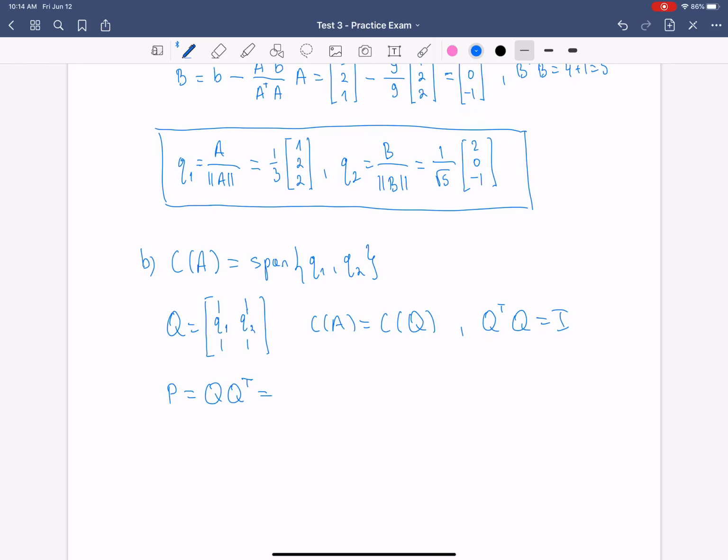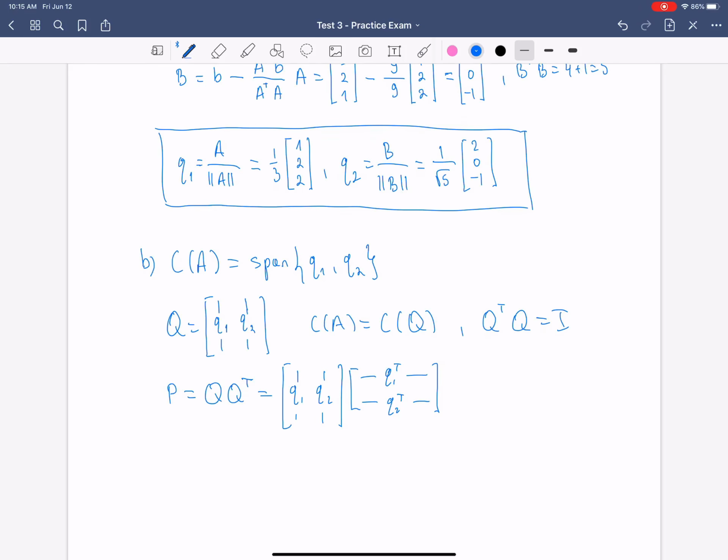You see, you have Q with the two columns, Q1, Q2. And then you multiply by Q transpose, which has Q1 and Q2 as its rows, right? That's Q transpose. You can carry out this multiplication of these two matrices as column by row, right? You don't have to do it row by column.